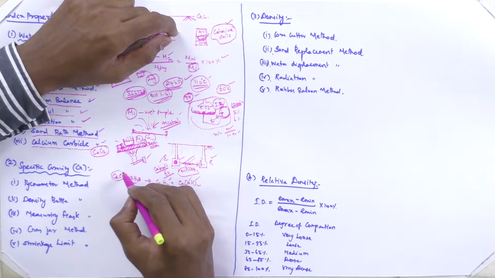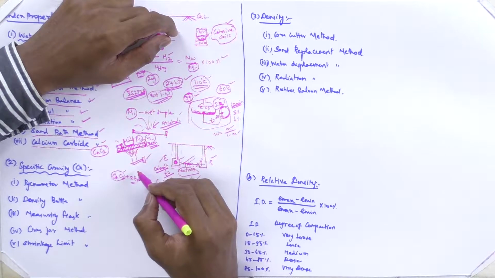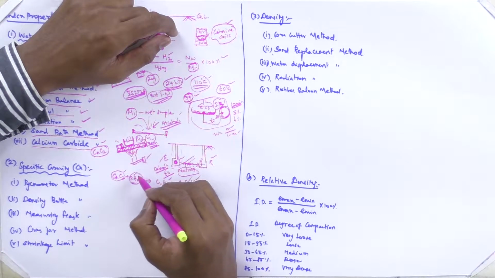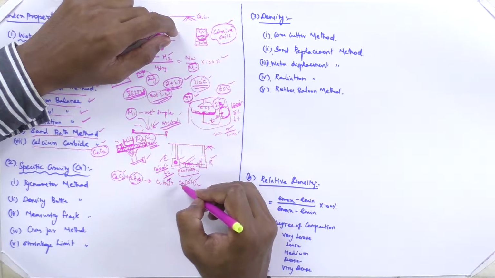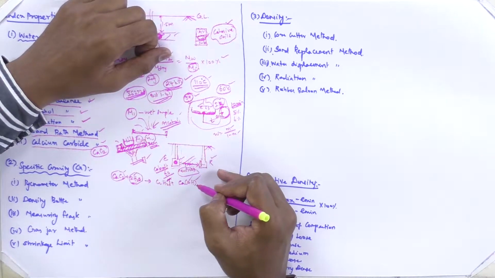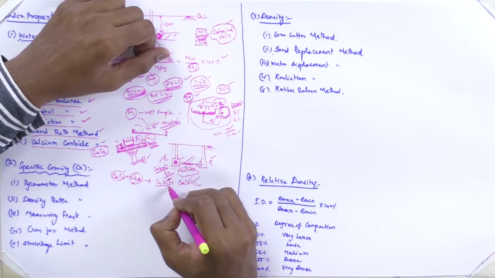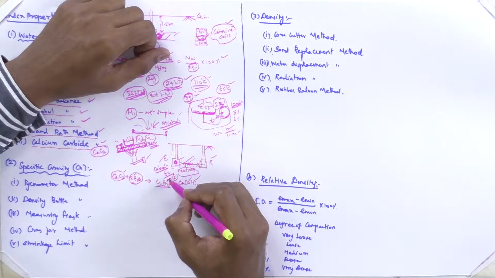So calcium carbide is like a salt. If you add it to soil, it will react with water and form C2H2, which is nothing but acetylene gas, and this byproduct Ca(OH)2 is calcium hydroxide. So this C2H2, the acetylene gas, is going to fill the space.